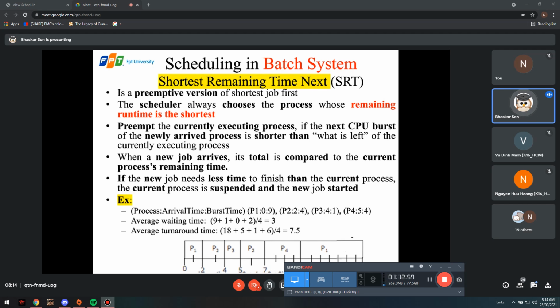So the shortest one is P3, the new process, and we switch the CPU to P3. So P3 will be running.